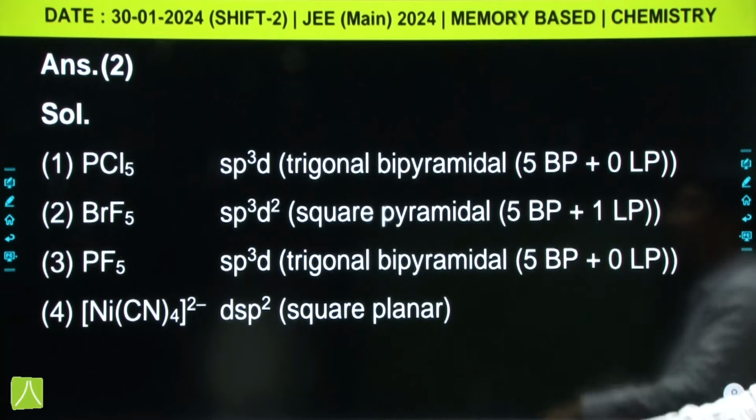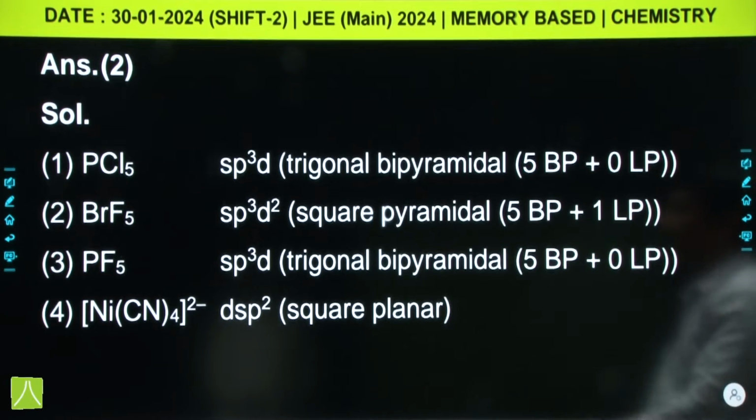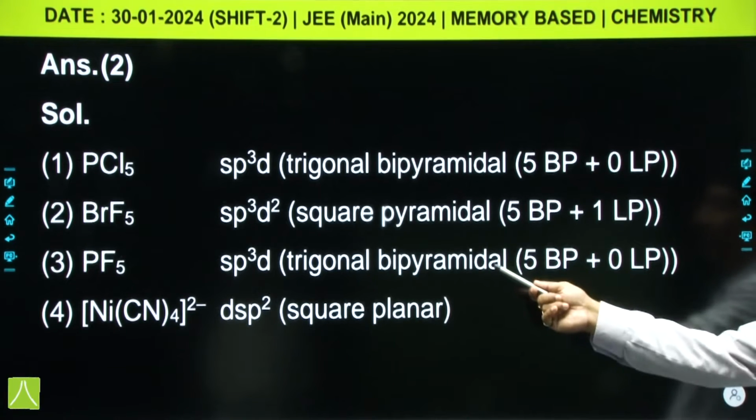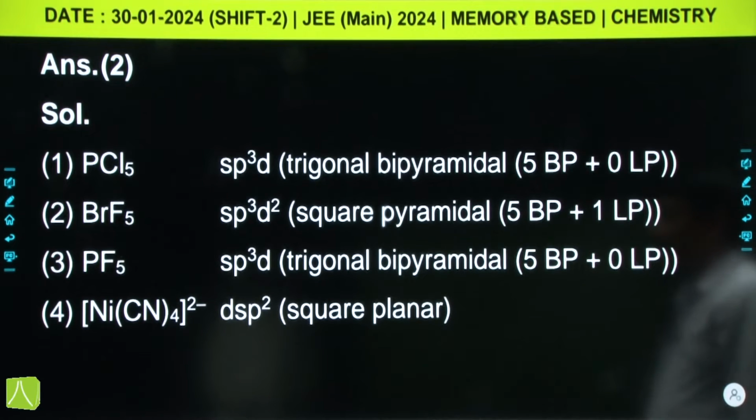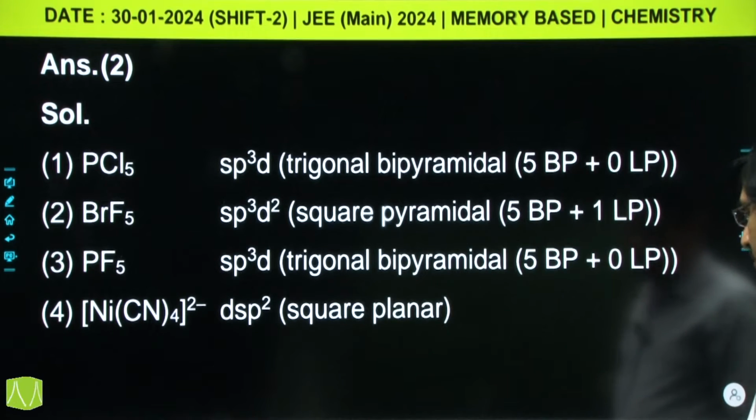It has square pyramidal shape. And PF5 is having sp3d hybridization with a trigonal bipyramidal shape with 5 bond pairs and 0 lone pair. Nickel tetracyanide is dsp2 hybridized and square planar shape.